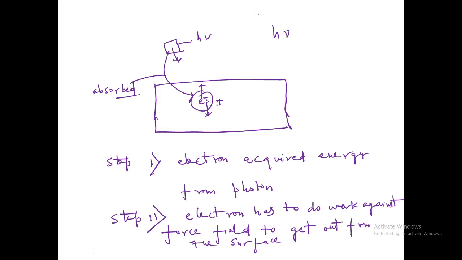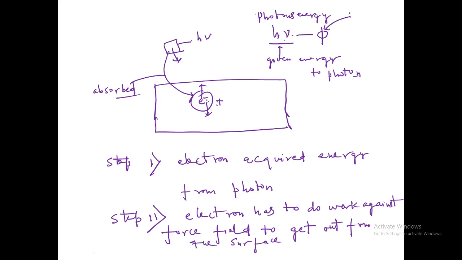This was the photon's energy, which was given to the electron. The electron acquired this much energy and expended certain energy in the course of coming out from the surface, so called what?